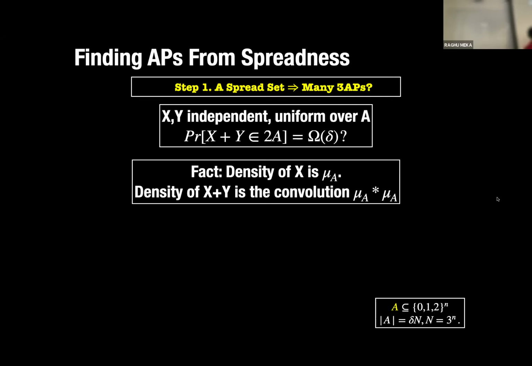You might have seen PDF before. Density is just the PDF scaled up so that the numbers are normalized to be around 1. It's just rescaling so that things become nicer numerically.